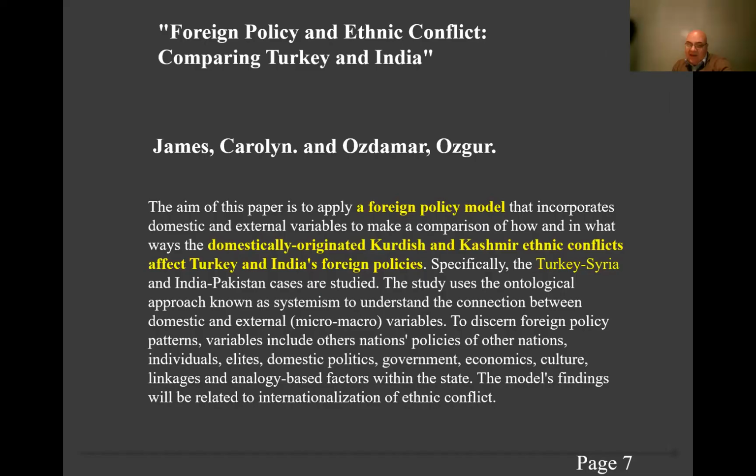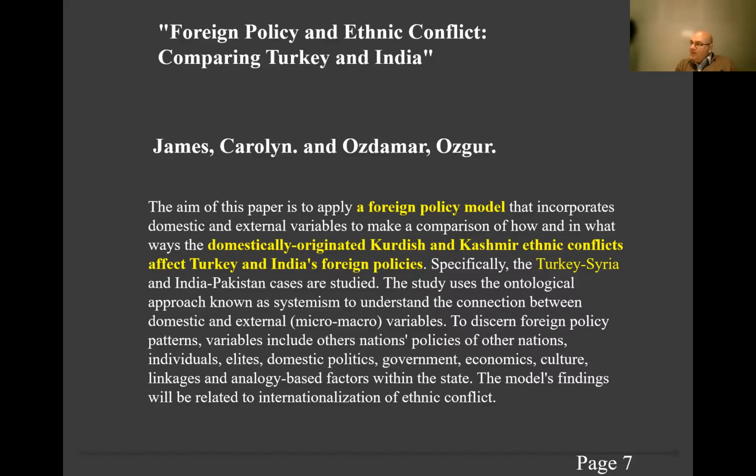Okay, I have some examples. It's a piece written by a friend of mine, Foreign Policy and Ethnic Conflict, Carolyn James and Özgür Özdamar. They compared Turkey and India. They say that domestic conflicts affect foreign policies.